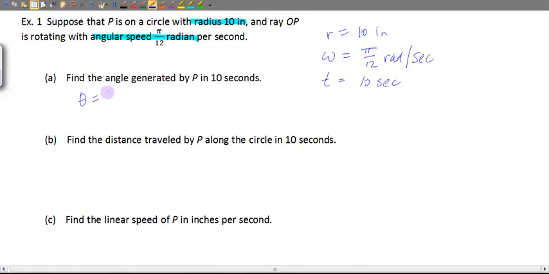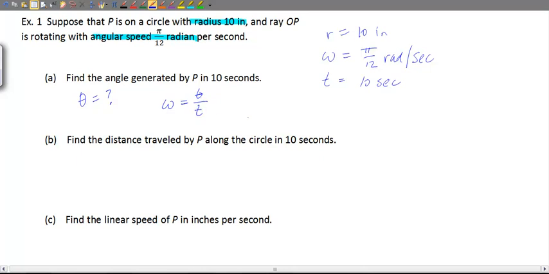I'm looking for theta. If I know all of this information, I can find theta by remembering that I know the angular speed, and that's given by theta over time.